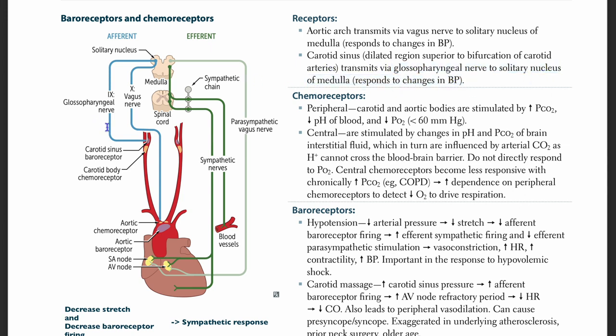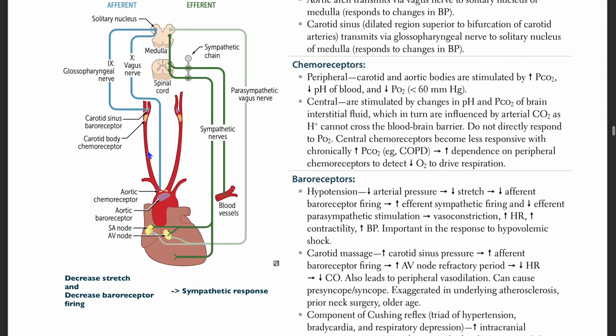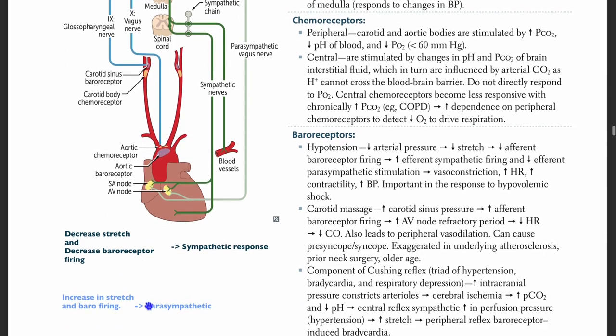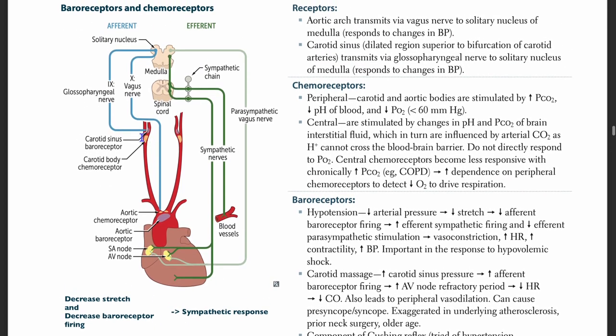You have a question about this guy wearing a very tight collared shirt and then he's getting syncope. It's because of a stretch of this, right? So stretching of that causes what? Parasympathetic response, right? Because that means that your brain thinks that there's so much pressure in here that the vessels need to dilate to decrease this stretch.